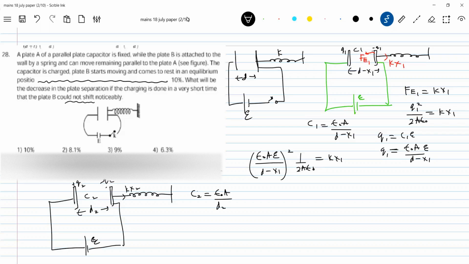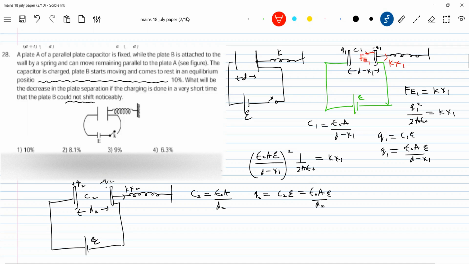Let's go for this one. Q2 should be equal to C2 into E, or epsilon naught A by D2 into E. So the new force Fe2 will balance the spring force.